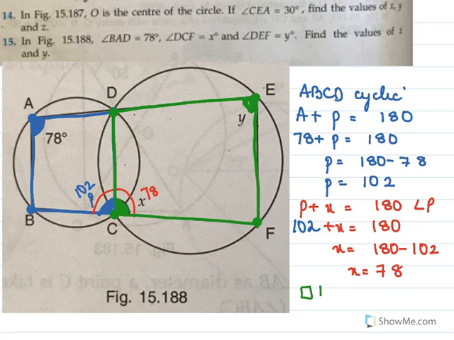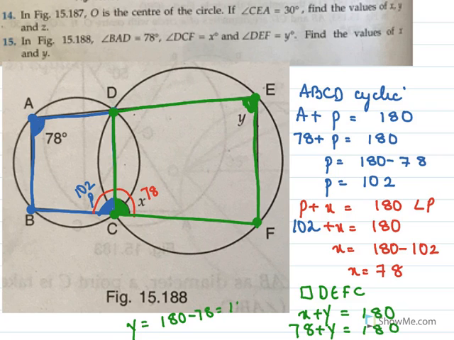So in the quadrilateral D, E, F, C, X plus Y equal to 180. Now X we know is already 78 plus Y equal to 180. So Y will be 180 minus 78, and that is 102. So Y will be 102.